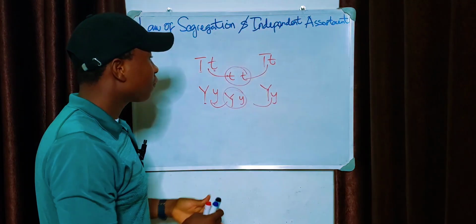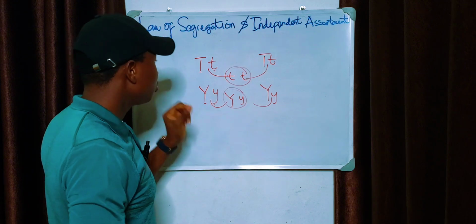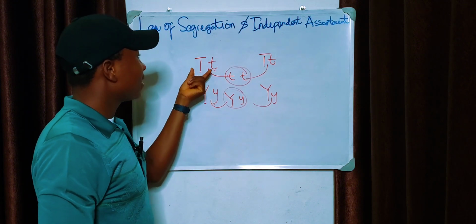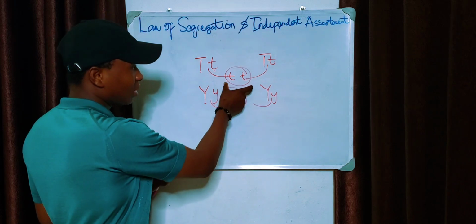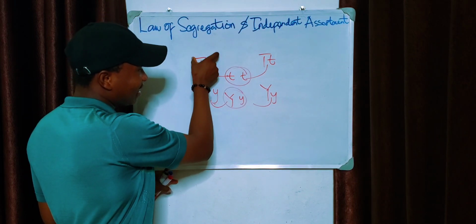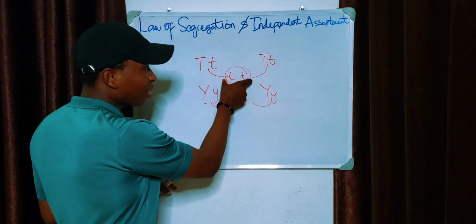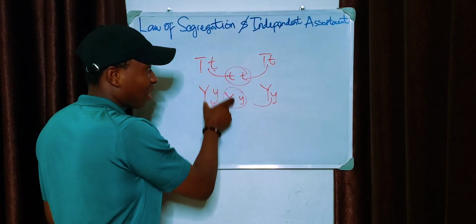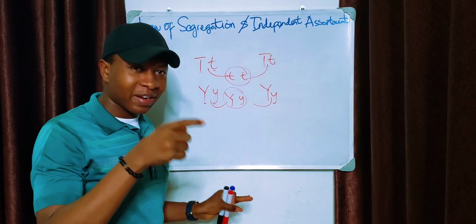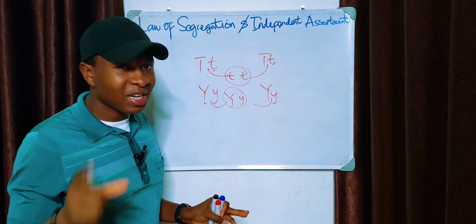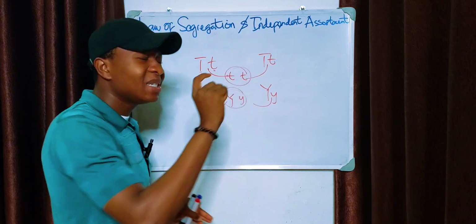If this were not to be true, whenever you see an organism that has this particular trait, their offspring will also have that particular trait. So in a case where we have one characteristic influencing another characteristic, that's what you're going to have. But in this case, they assort independently.